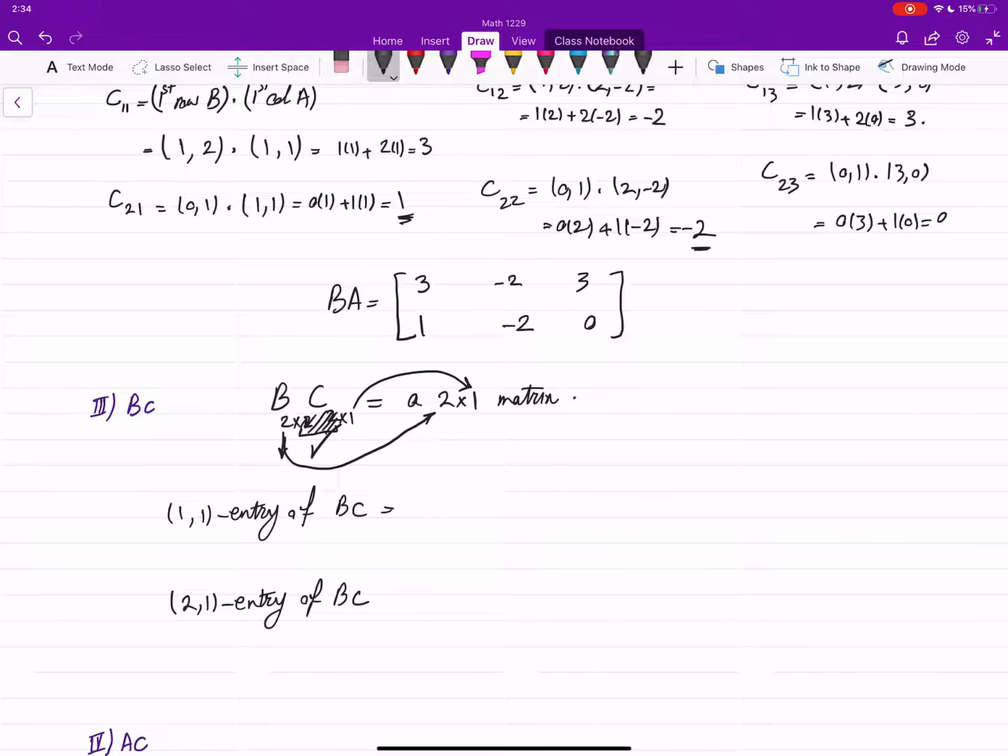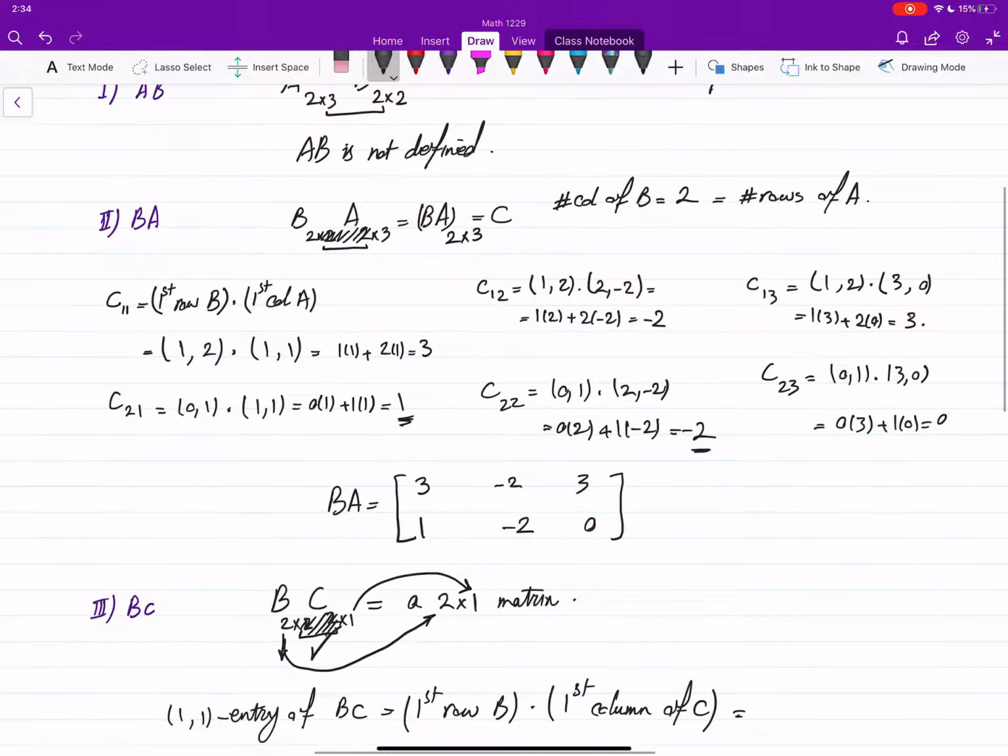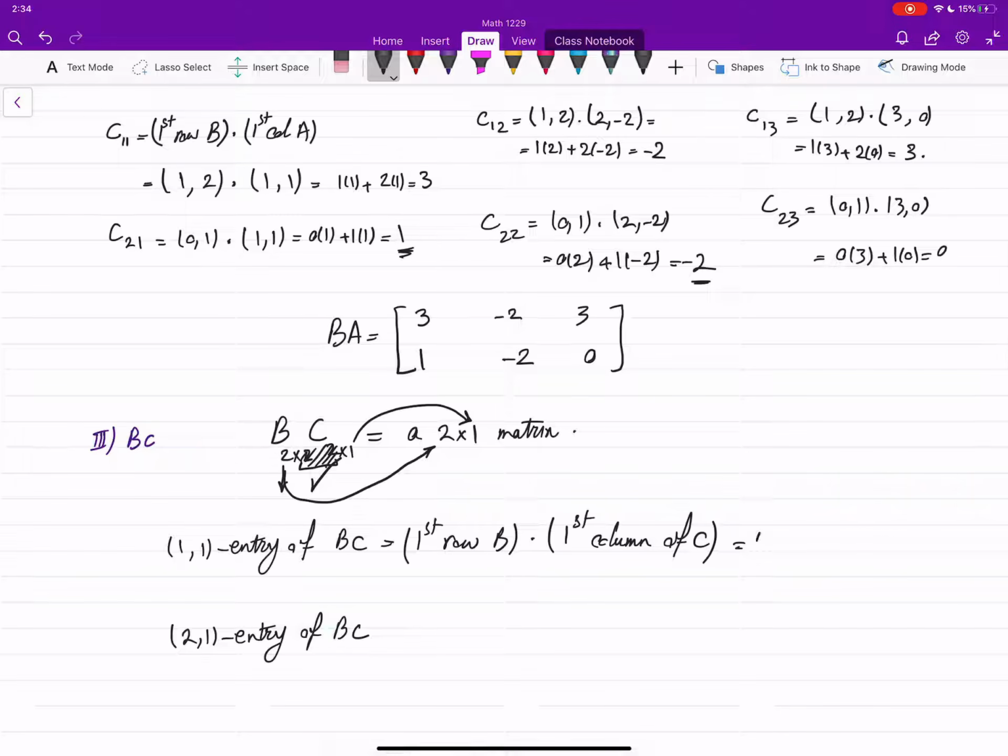What do we do for this one? Well, we have to pick the first row of the first one, which is B, and dot it with the first column of the second, which is C. The first row is 1, 2, and the first column of C is 1, 2. This gives us 1 times 1 plus 2 times 2, which is 5. How about this other one?